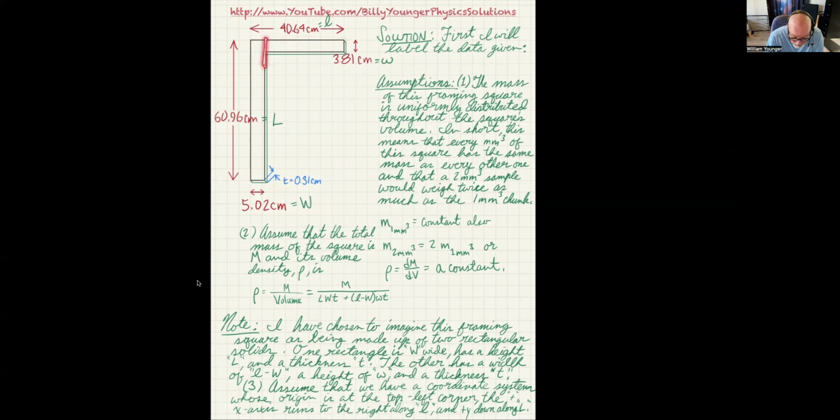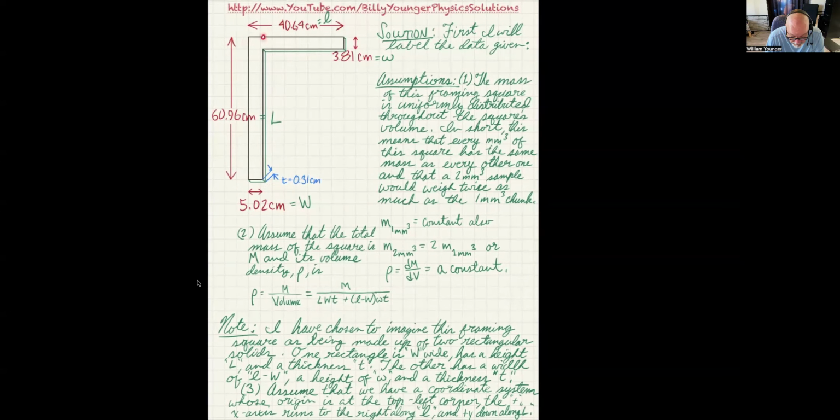I really only want it to go to here, and this width is capital W. So the width of this rectangle from here to here, this length really is L minus W. And then, of course, this width is omega or lowercase w. So you can see the area is L minus W times omega, and then I just multiply it by the thickness T. So that really is the formula for the density in terms of nothing but symbols, and we can put the numbers in as we need them.